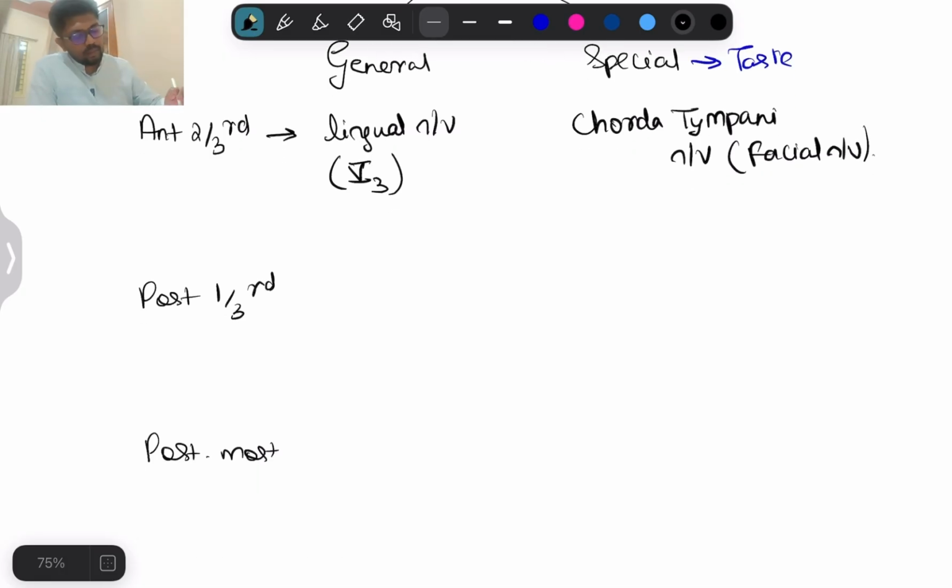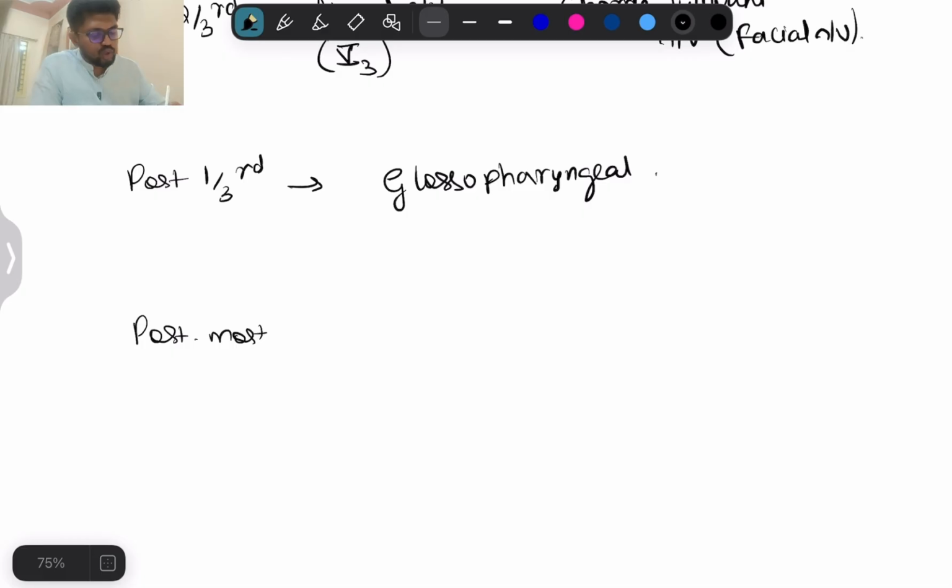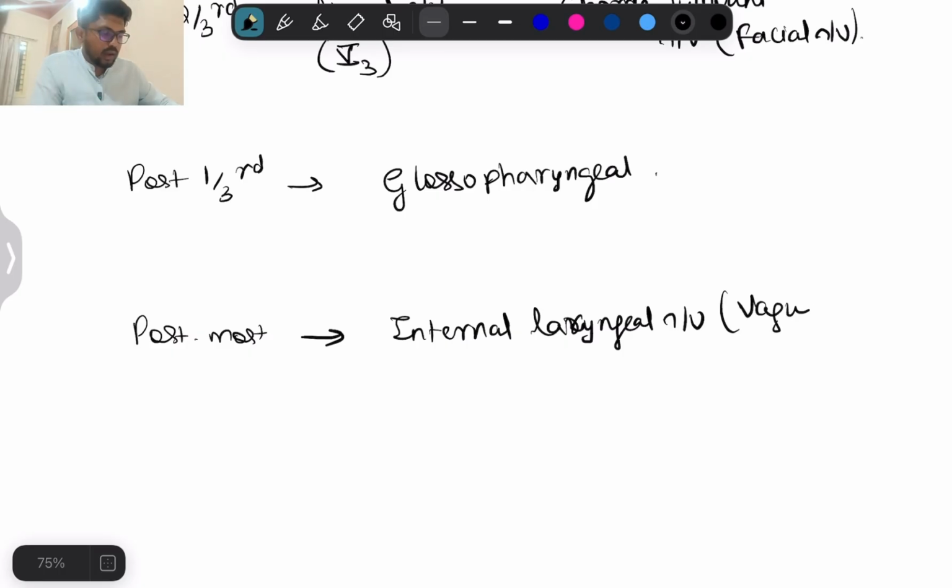For the posterior 1/3 of the tongue, both general and special sensation are carried by the glossopharyngeal nerve. The posterior most part is supplied by the internal laryngeal nerve, which is a branch of the vagus nerve.